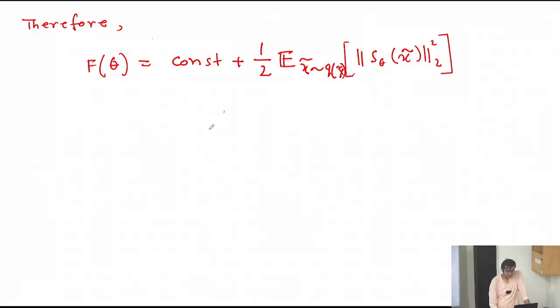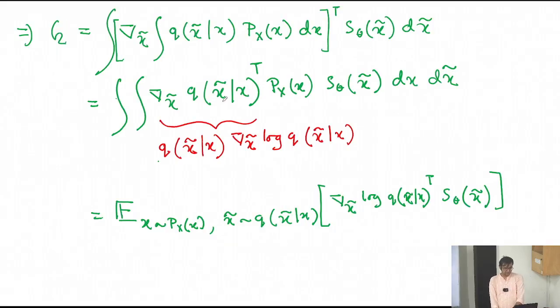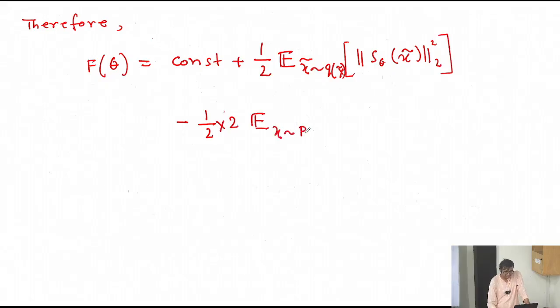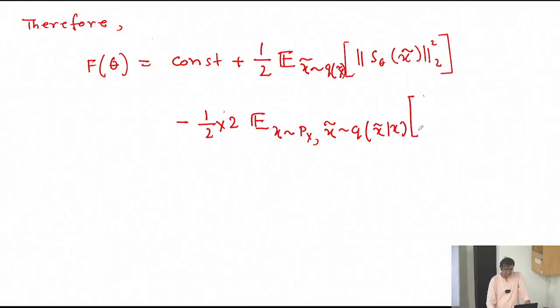Minus, the term is, the half has cancelled out, so maybe I should put the half back. Expectation of x from px, x tilde from q, x tilde given x, and then what do I have?